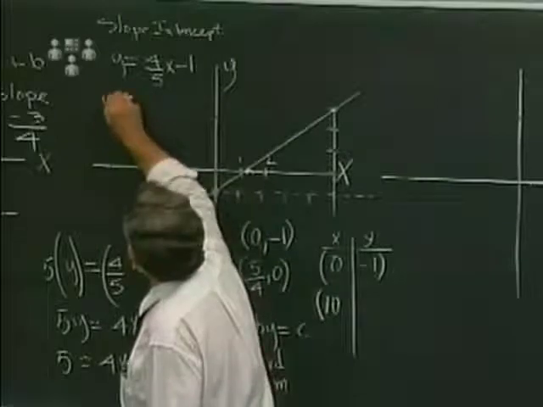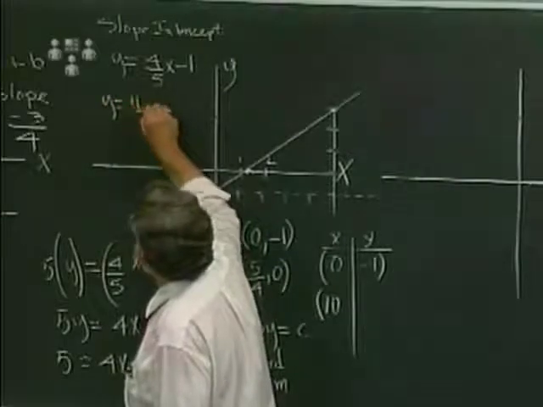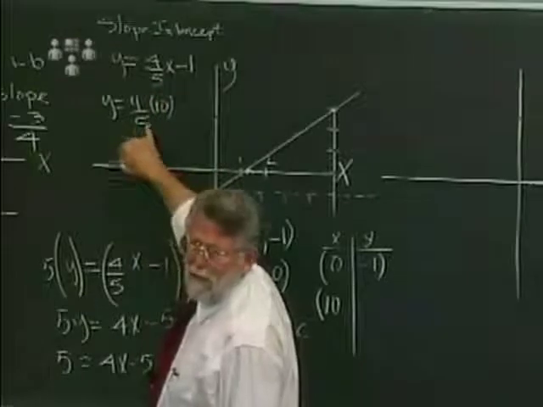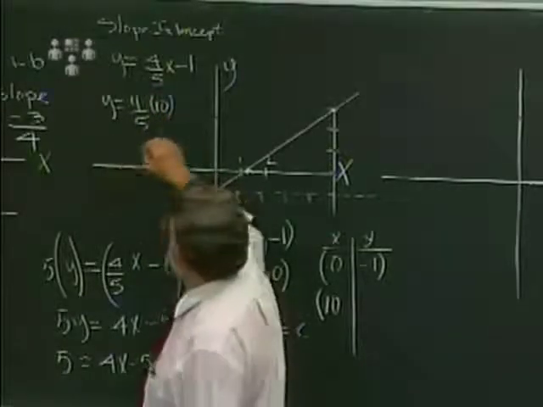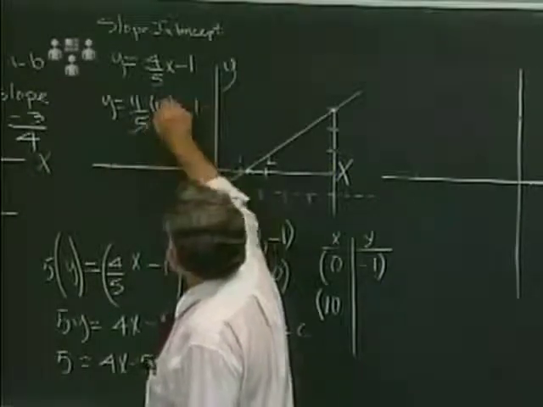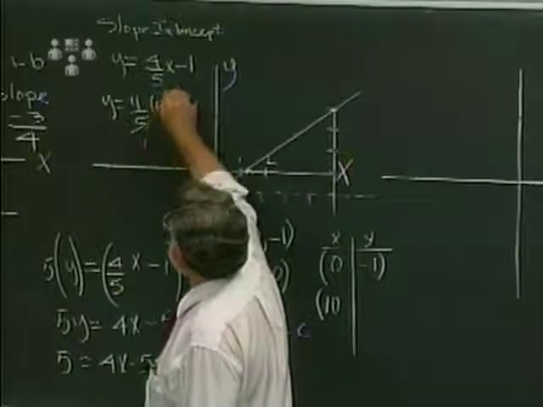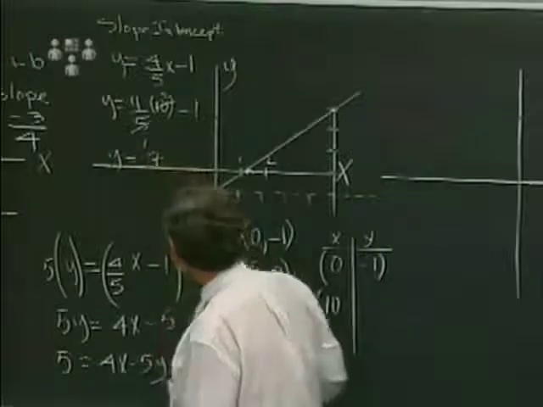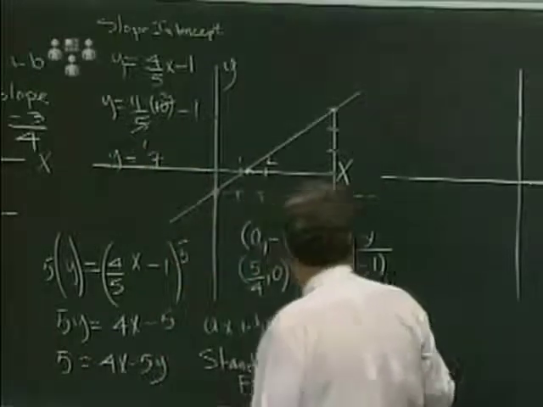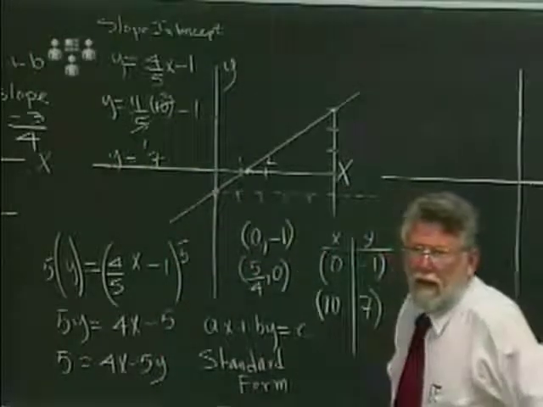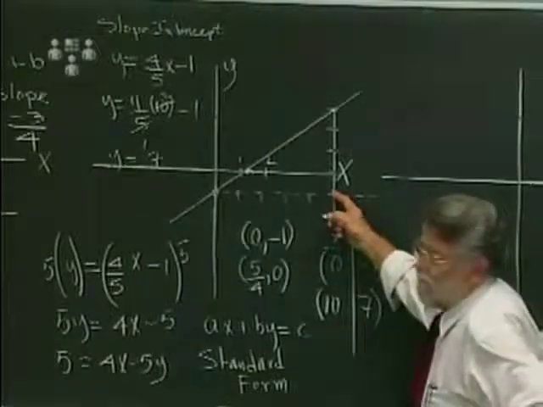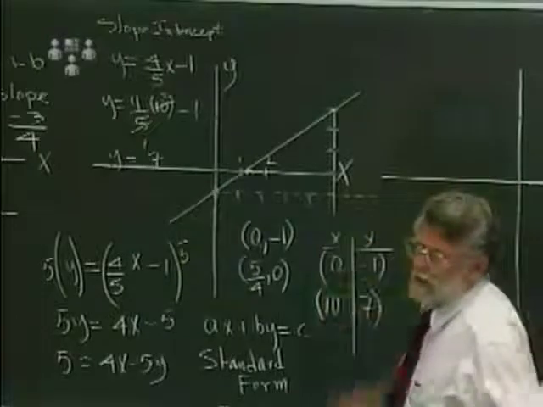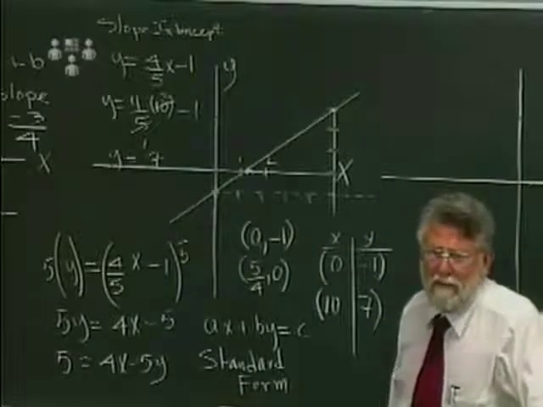Okay, so if I chose 10, and again, Kim's asking, well, why 10? Well, I wanted something I can divide by 5, so I could use a 15, a 5, a negative 5. Okay, so this goes into here too. Gives me an 8 minus 1, so y is 7. So I have to go what? 5 more from here, and up 4 more, and I'll eventually get to 7 and have another point in the line.